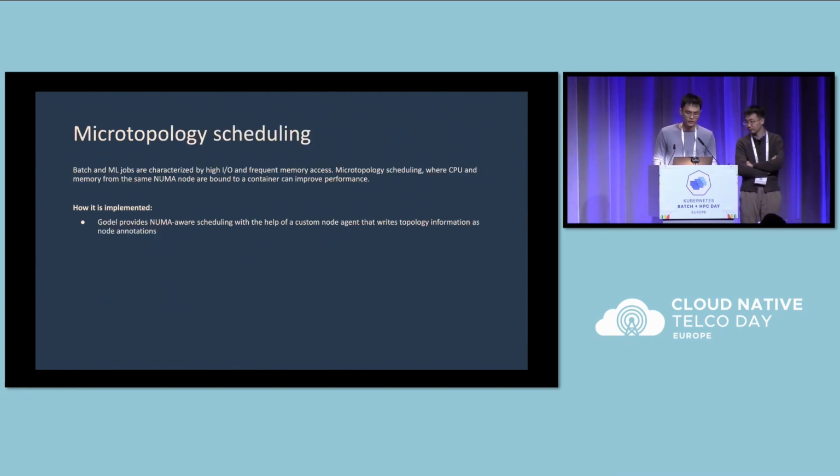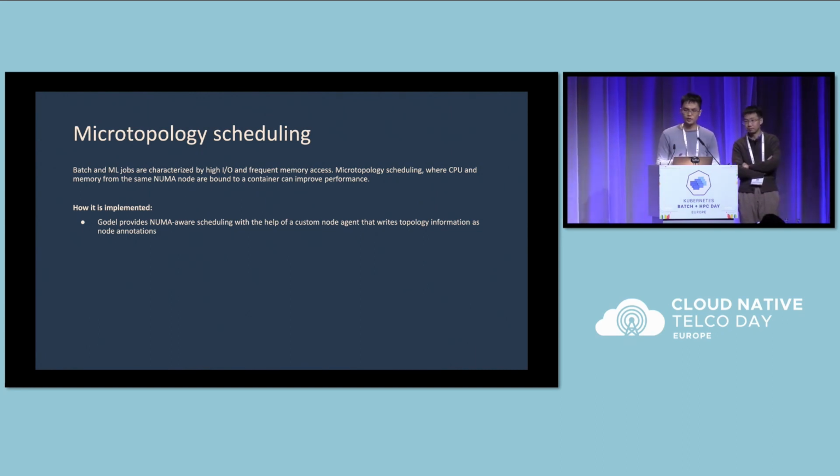Next, we also have micro-topology scheduling. Batch and ML jobs are characterized by high I/O and frequent memory access. Micro-topology scheduling is where we schedule CPU and memory from the same NUMA node to a single pod, and this can improve the performance of our offline jobs. This requires cooperation between the scheduler and the kubelet or node agent.